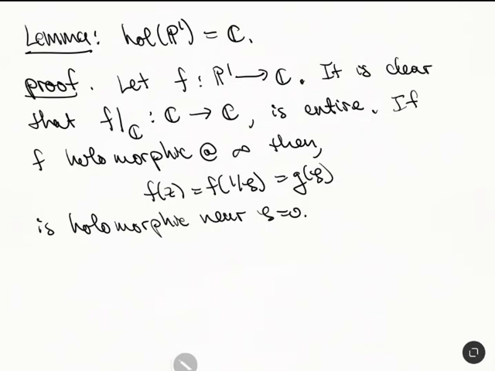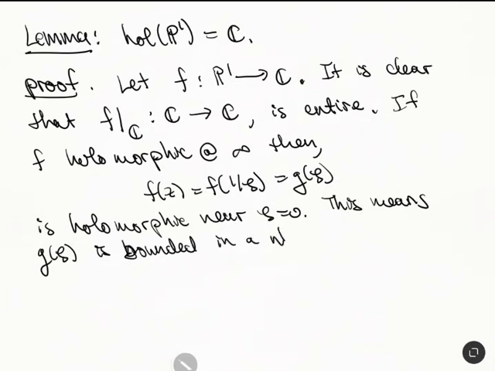So this means g of zeta is bounded in a neighborhood of infinity, well, of 0.